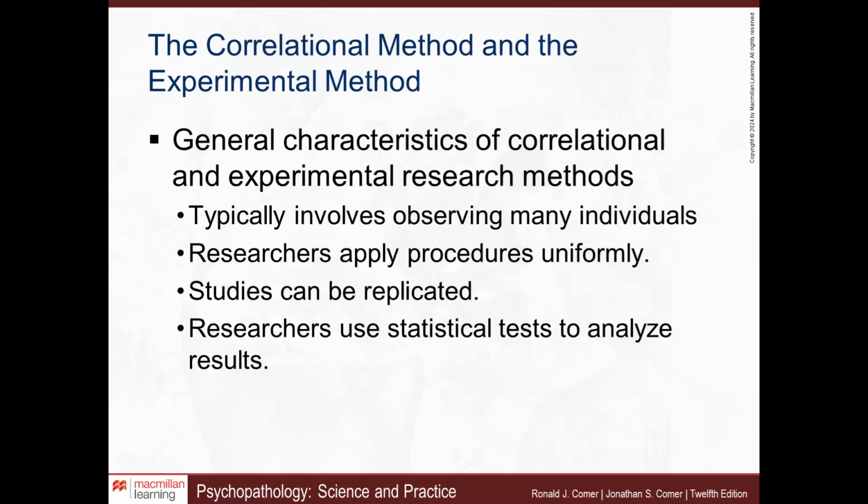Next, we will discuss the correlational method and the experimental method, the general characteristics of these research methods. They typically involve observing many different individuals.